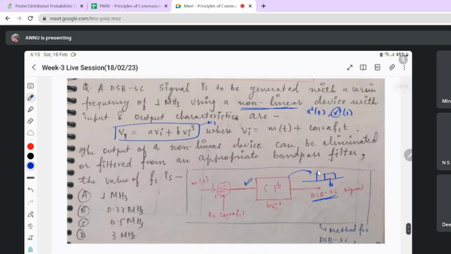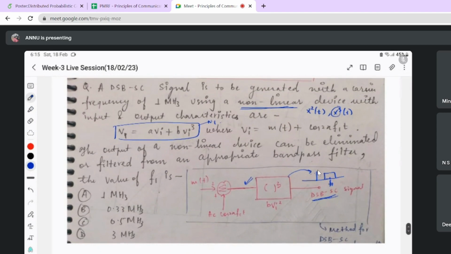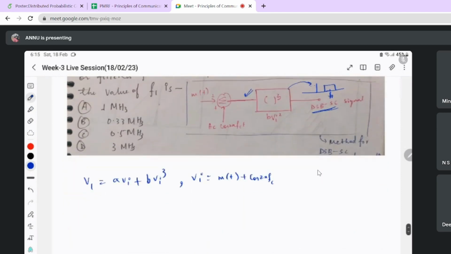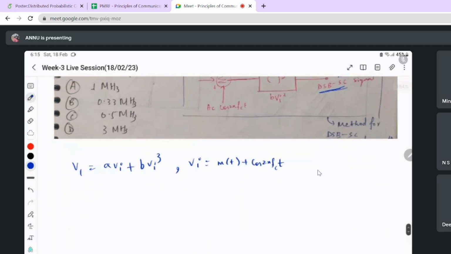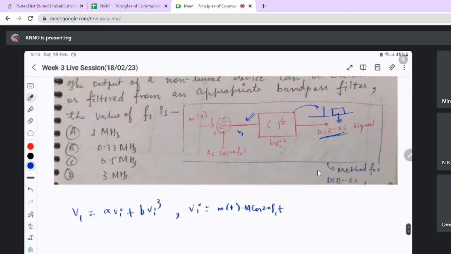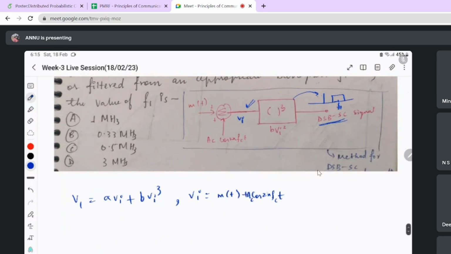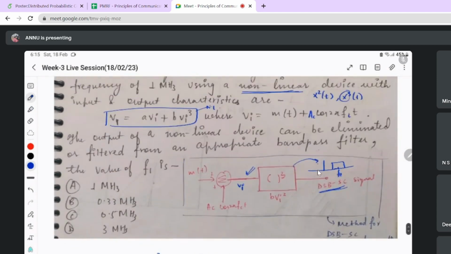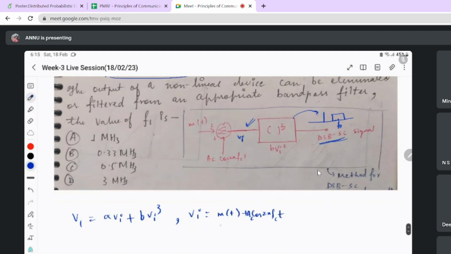Actually it should be Ac cos 2 pi fct, because here I am considering Vi, but in the question they are taking Ac equal to 1. So m(t) plus cos 2 pi fct.